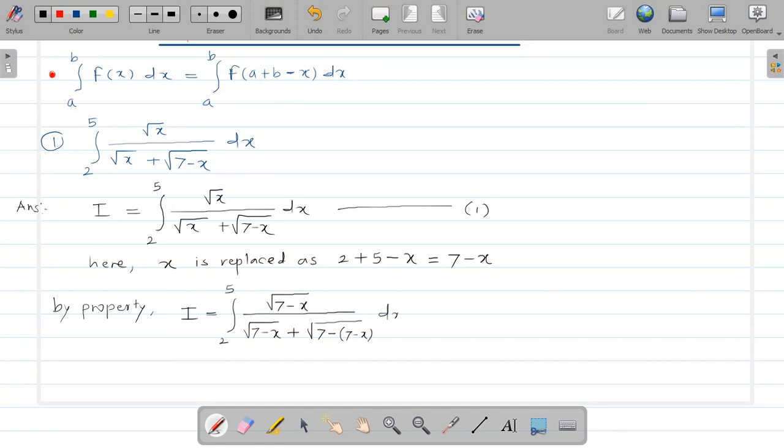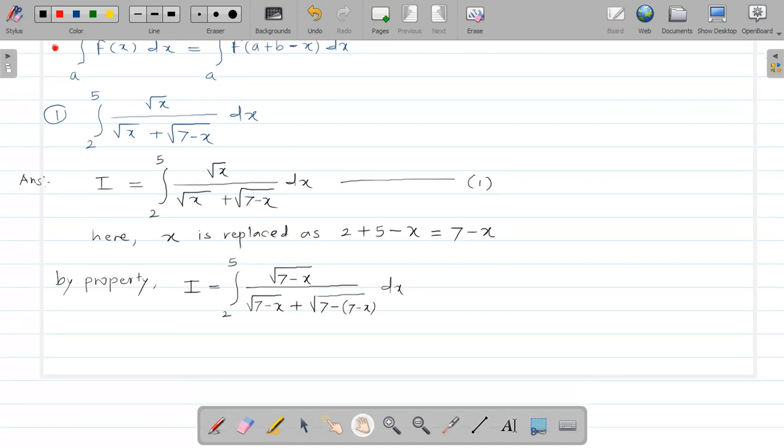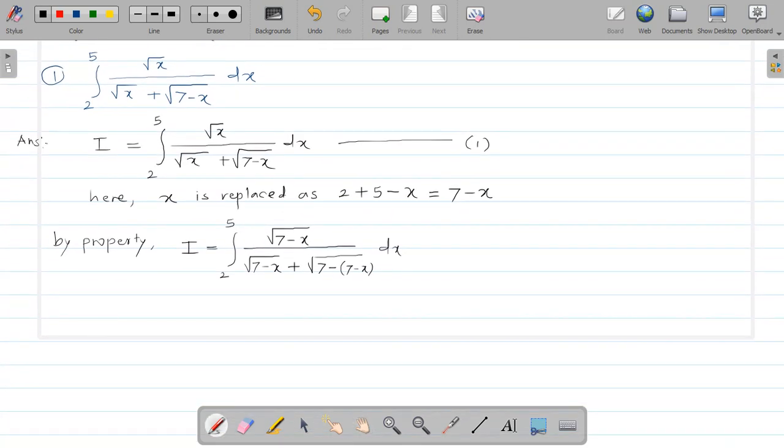So see the change in the given integration. Now this integration becomes integration from 2 to 5 of root of 7 minus x upon root of 7 minus x plus root x. So check this, this is I is equal to, and say this is equation number 2.